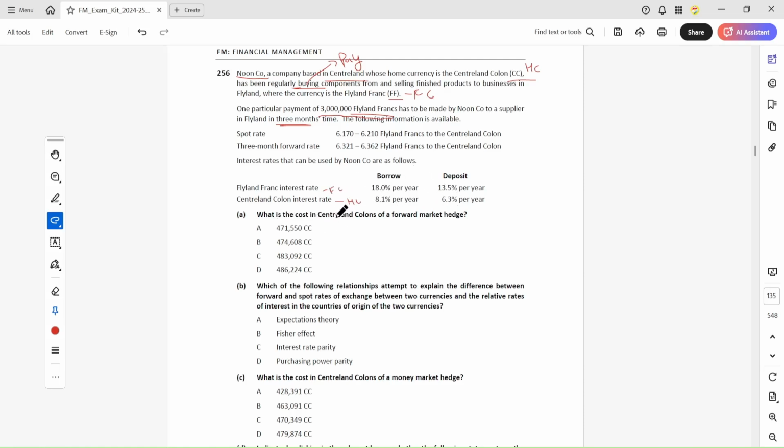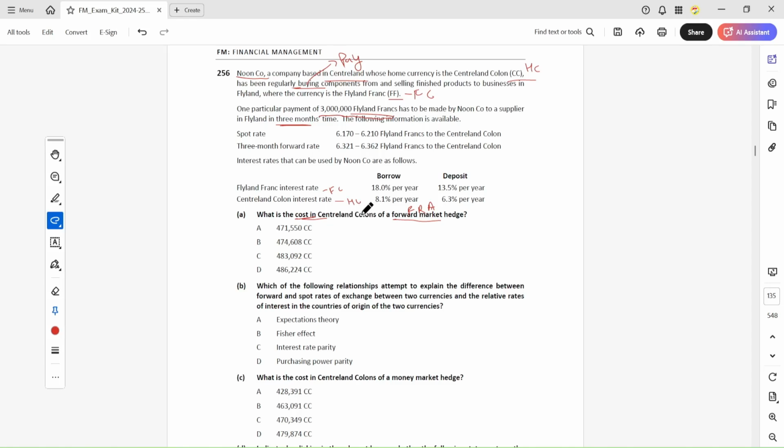What is the cost in Centerland of a forward market hedge? This means the forward rate agreement.